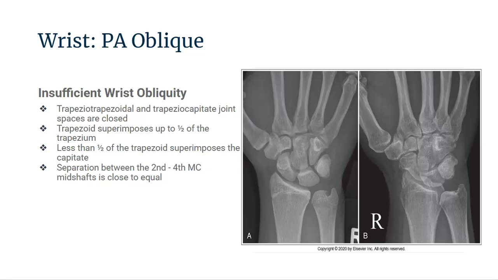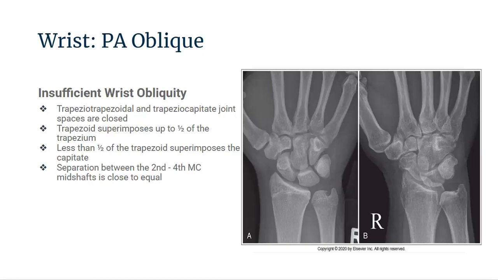This degree of obliquity rotates that trapezoid off the trapezium and aligns that joint space parallel to the central ray, while simultaneously closing the trapezio-capitate joint as the trapezoid overlaps part of the capitate. Now, if you look at the figure labeled B, this is representative of a wrist that is obliqued, but it's obliqued less than 45 degrees.